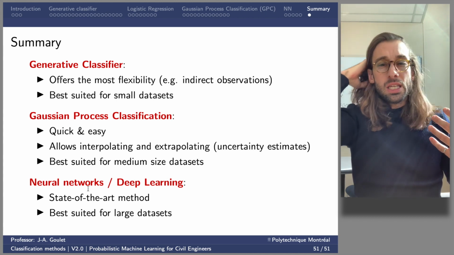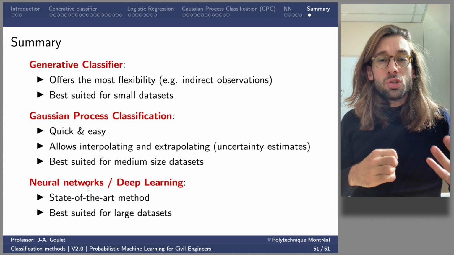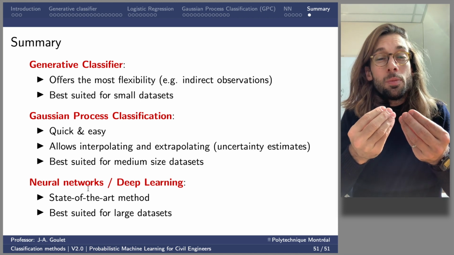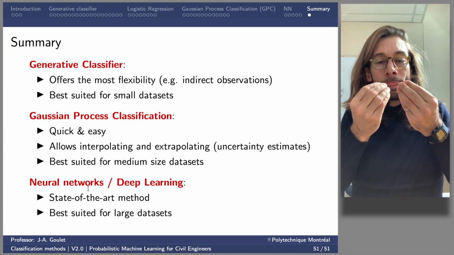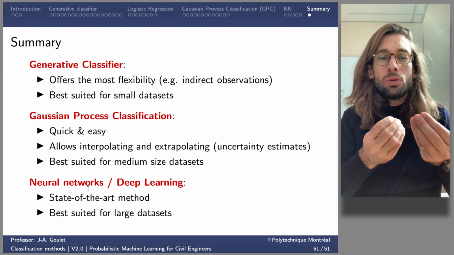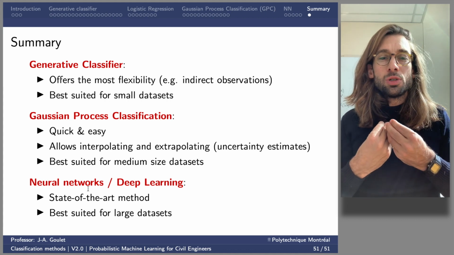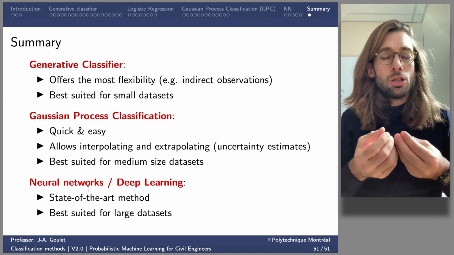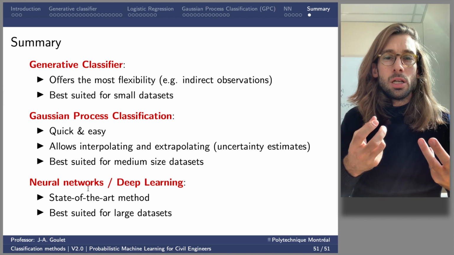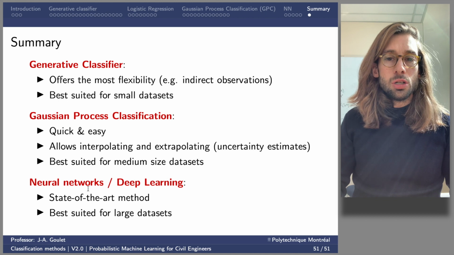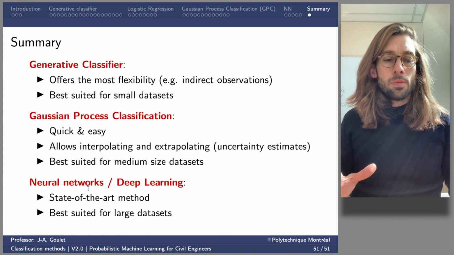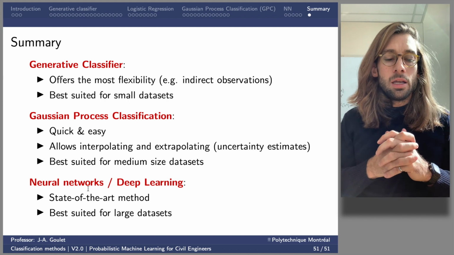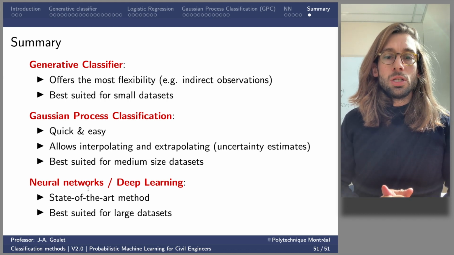The only case where I would see it's really useful to use something like logistic regression is if, for your specific purpose, you want to tie some interpretability to the parameters of your model, as is the case in discrete choice models that are extensively used in fields such as transportation engineering. So that's all for the classification methods that I wanted to see with you this week.